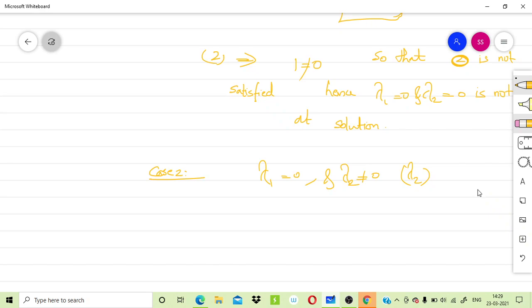So that means equation 1 becomes 2 minus 2x1 equal to 2 lambda 2. So 1 minus x1 is equal to lambda 2.